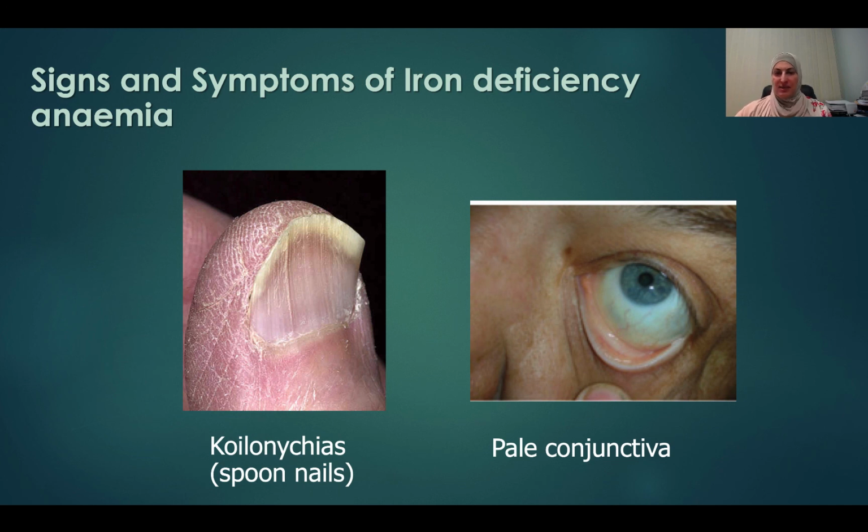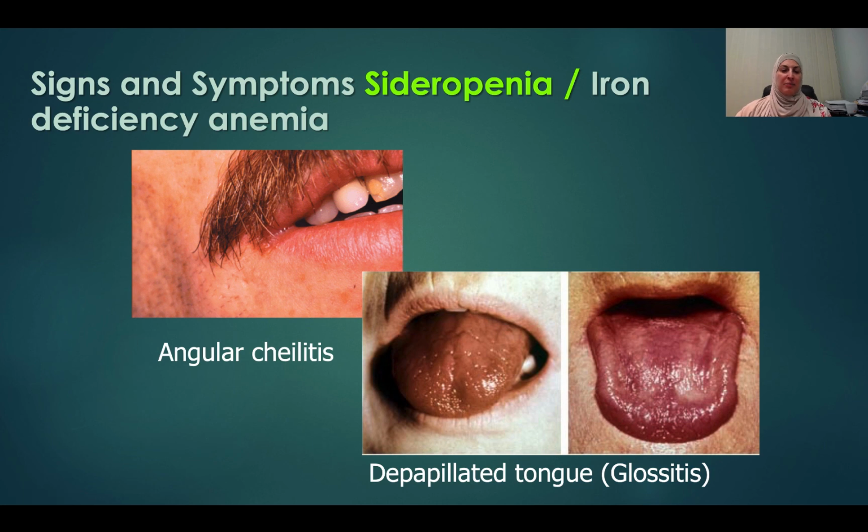So these are some of the symptoms that might be present in patients with iron deficiency anemia. The first one is koilonychias, which is spoon-shaped nails. This is related to anemia. Pale conjunctiva, pale mucosa, presence of angular cheilitis, and depapillated tongue.